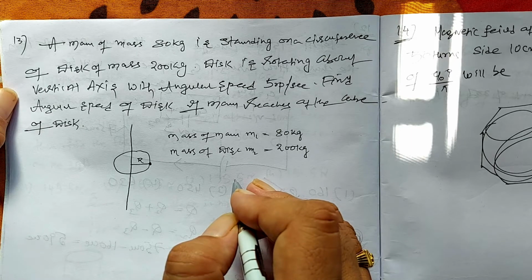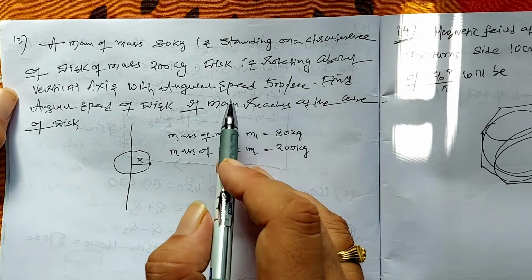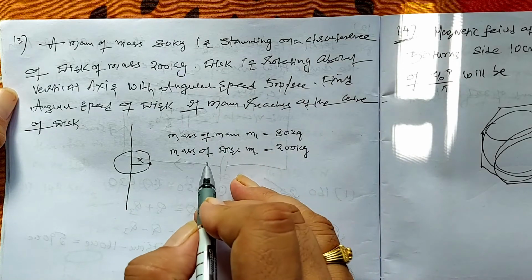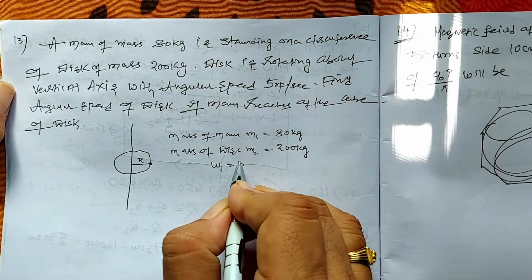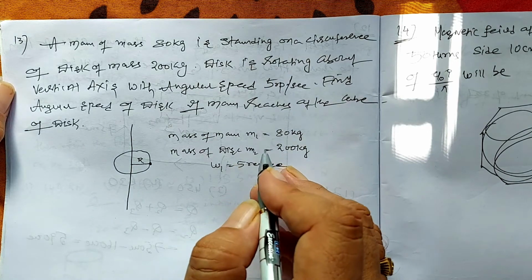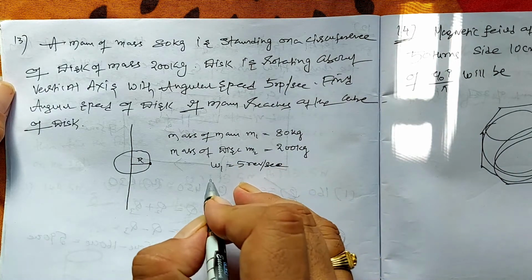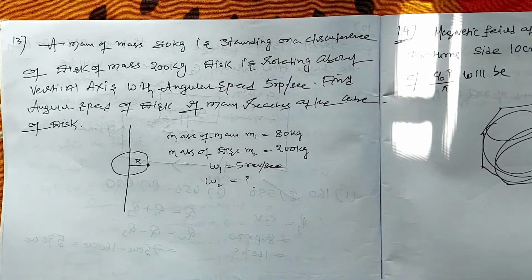Man is rotating with angular speed omega 1 is equal to 5 revolutions per second. Find the angular speed of disc if man reaches the center of disc. Omega 2 is equal to question mark.